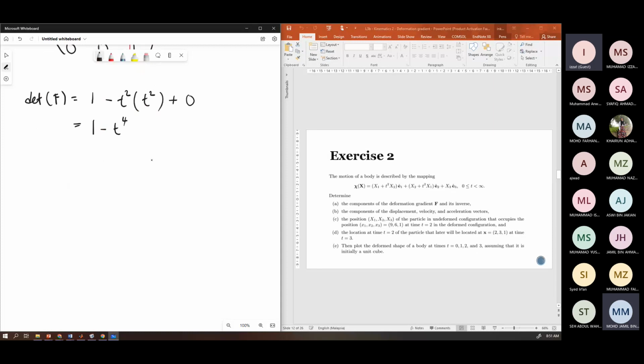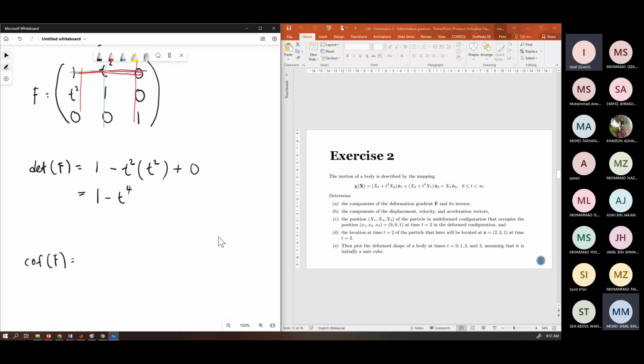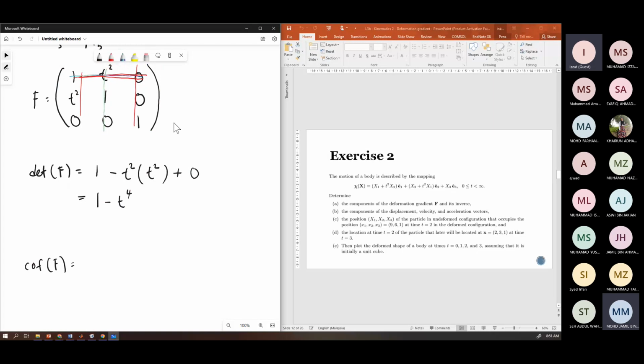And then to find the inverse, you need to find the cofactor matrix. I hope you know how to do the inverse by yourself, because you need to go back to first year maths. I myself don't remember how to do the inverse. So the cofactor matrix, you get 1, minus t squared, 0, t squared, minus 1, 0, 0, 0, 1 minus t to the power of 4.